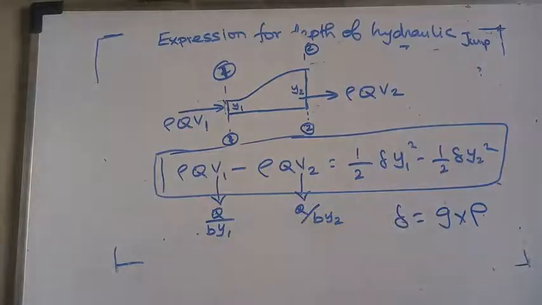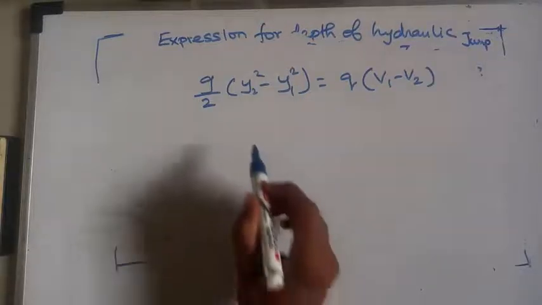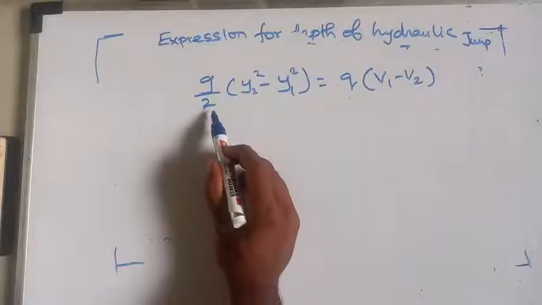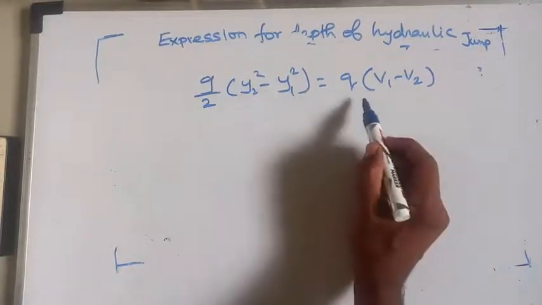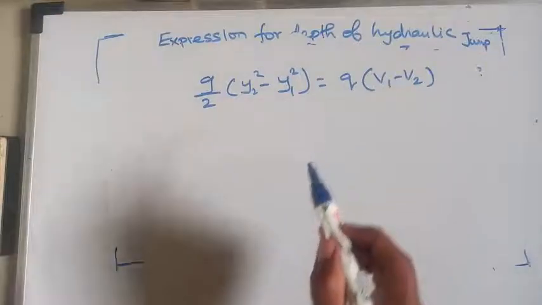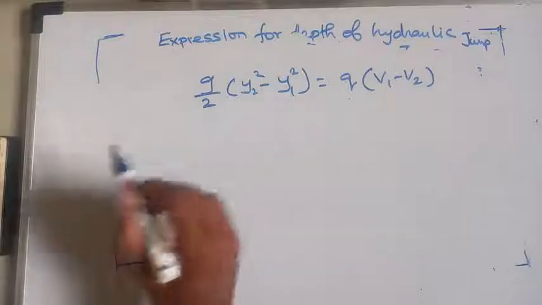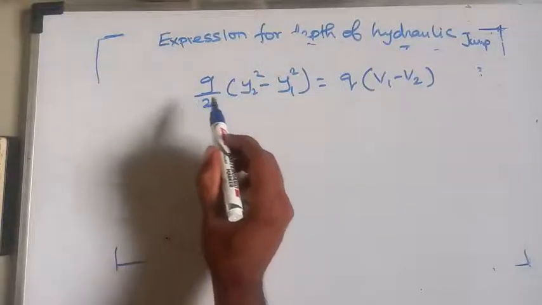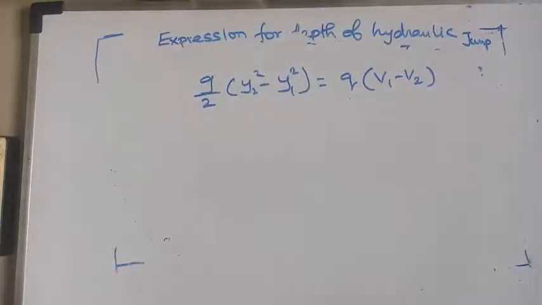If I substitute everything and cancel on both sides, then I will get a final equation like this: g by 2 into y2 square minus y1 square should be equal to small q times v1 minus v2. Here actually a minus sign will come, but plus or minus will not influence much.